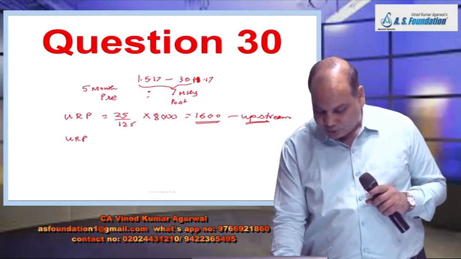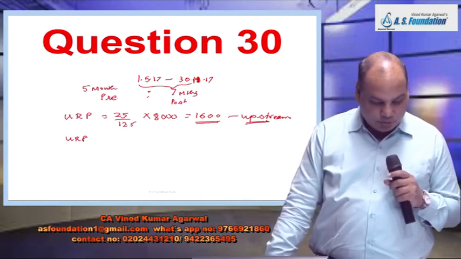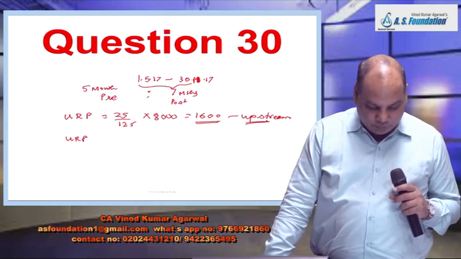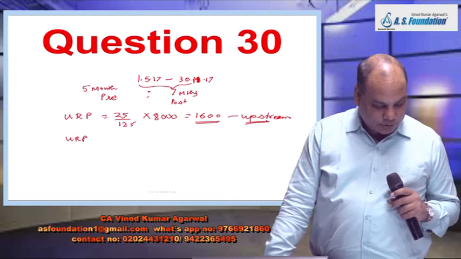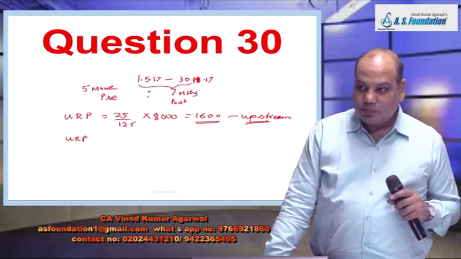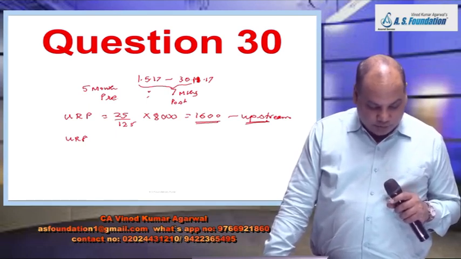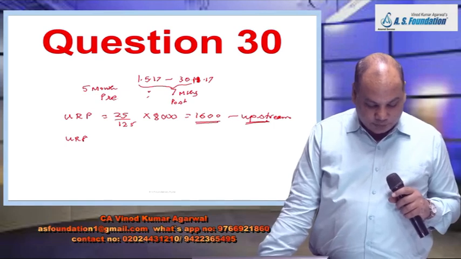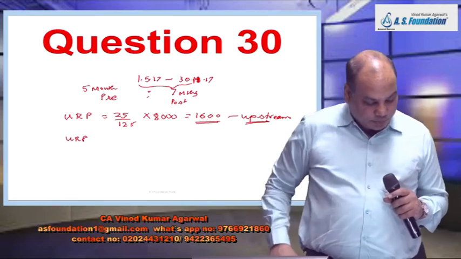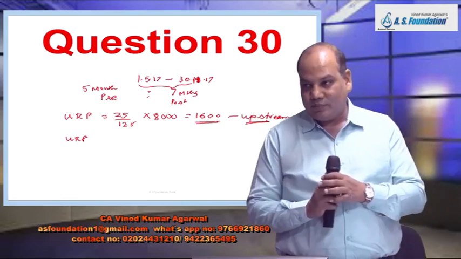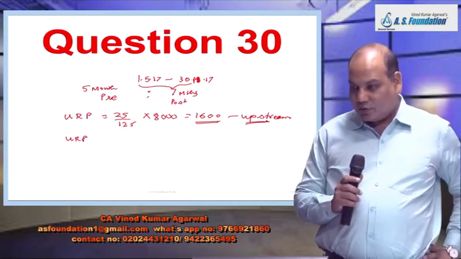So what is the URP on the plant now? 15,000 minus 10,000, 5,000. Who has transferred to whom? Parent to subsidiary. So reduce it from the parent's profit, 5,000. And the asset had a remaining useful life of 5 years. So that means who has provided the depreciation on this? Subsidiary. So we'll reverse the depreciation on that profit part. Take 5,000 on calculator.